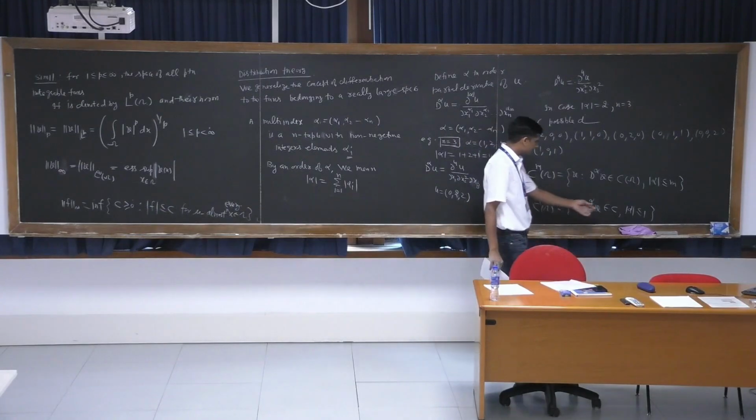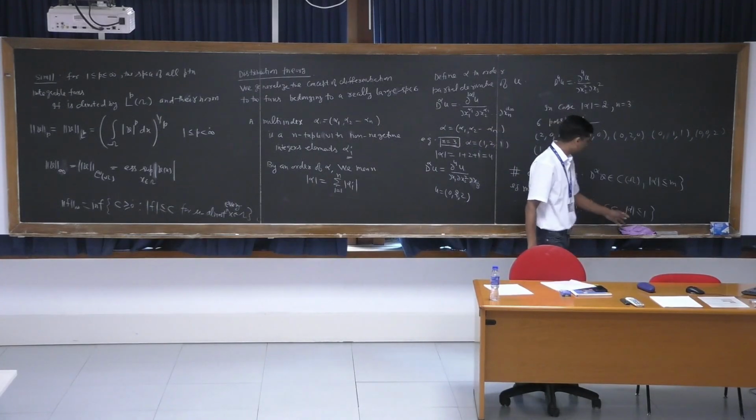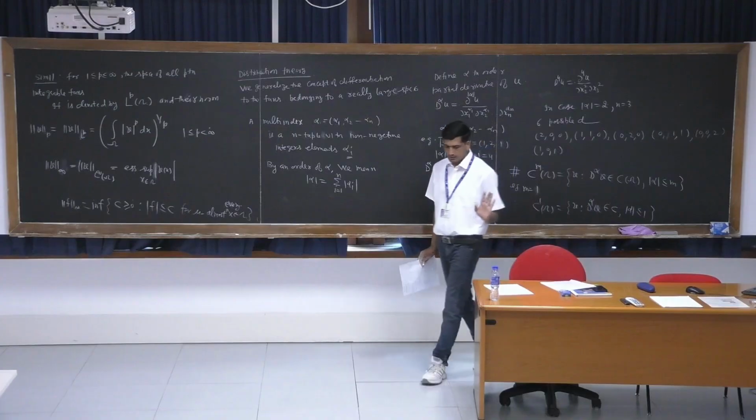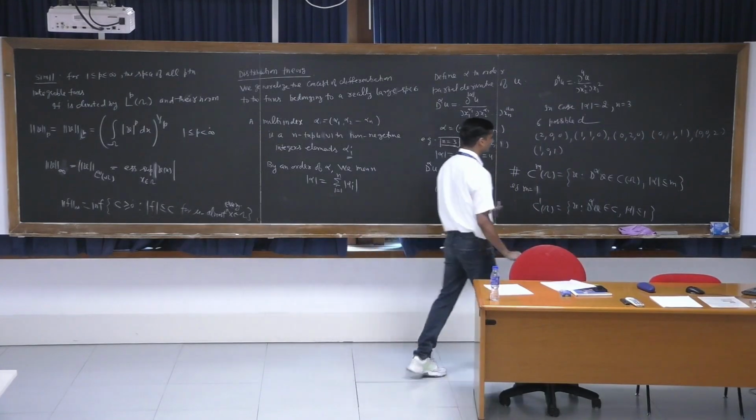So alpha can be 0, meaning v is continuous, and alpha can be 1, meaning its first derivative is also continuous. So this will contain only 2 types of functions.